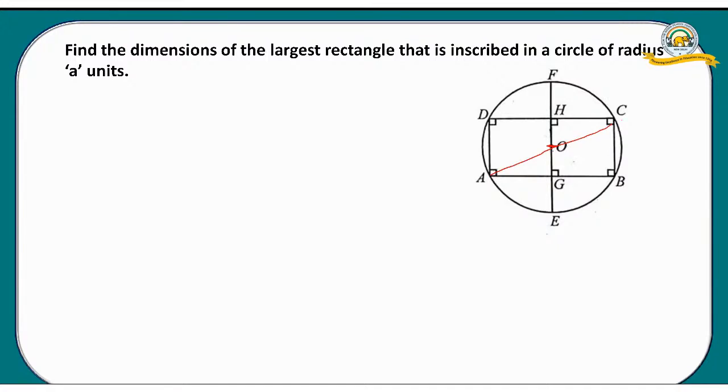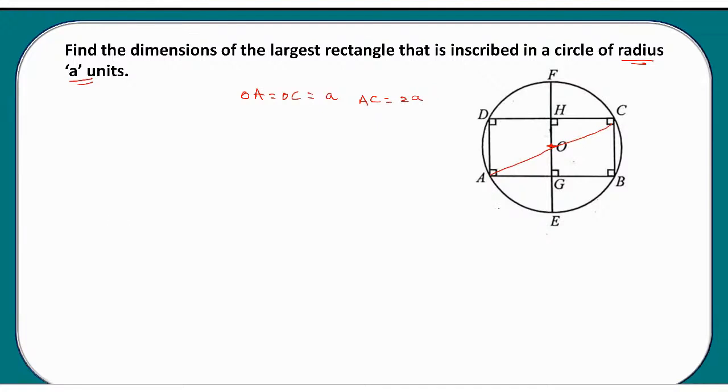The diameter always passes through the center of the circle. Given that the radius of the circle is a units, since OA equals OC equals a units, the diagonal of the rectangle AC equals 2a units.